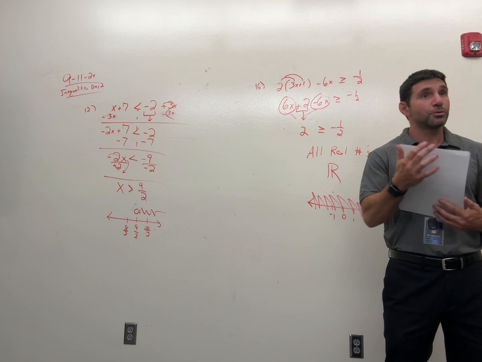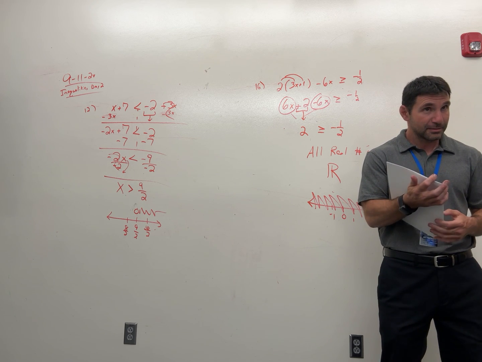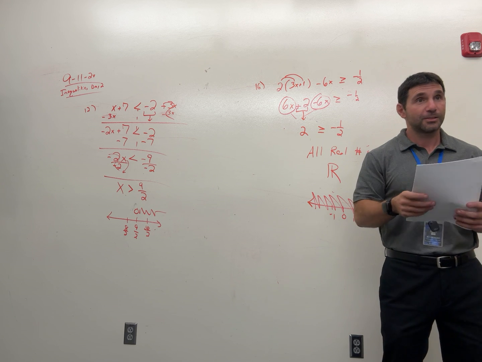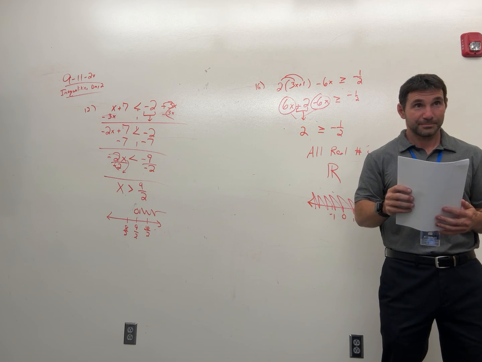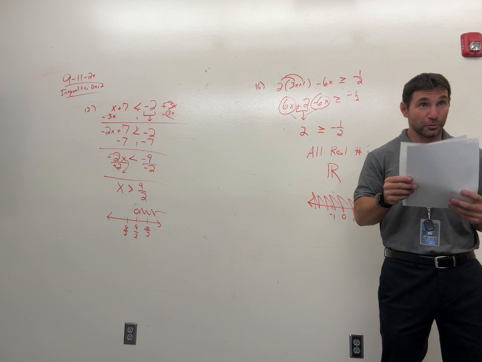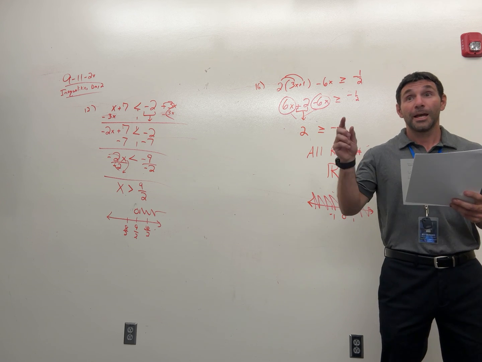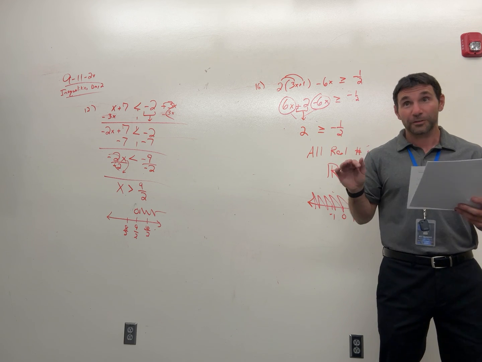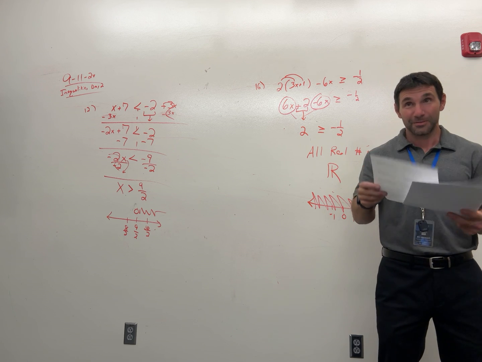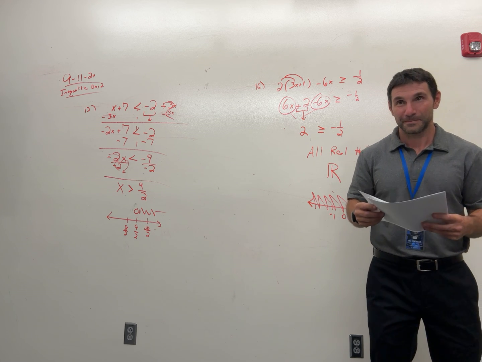Every 4 that you get correct, you get a point added to your quiz tomorrow. So you're turning this in before the end of class for me to check it. Several of you are going to do your homework first, instead of working on bonus. Everybody with me? Get started.